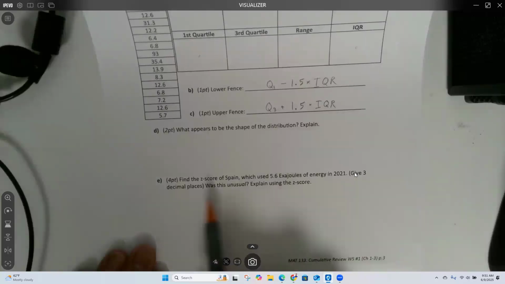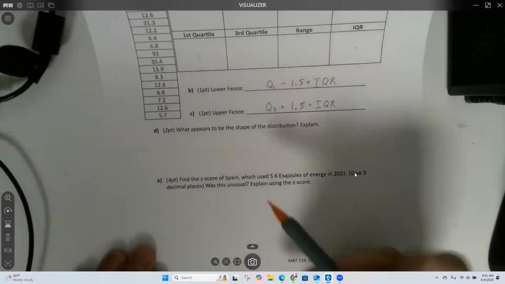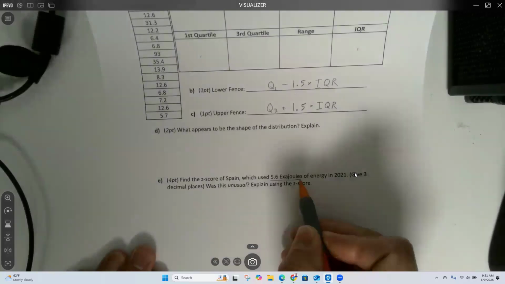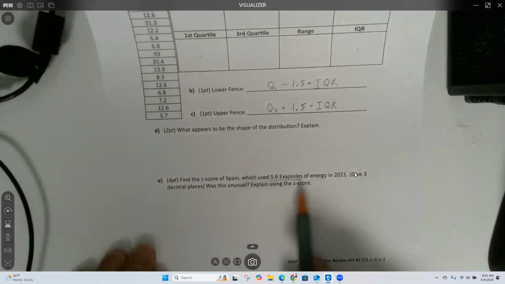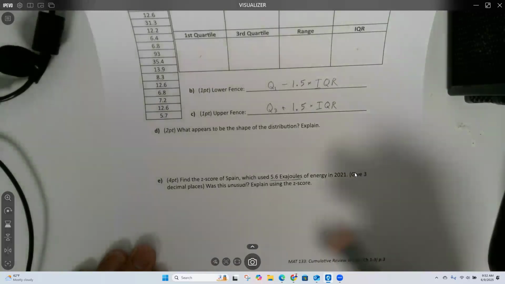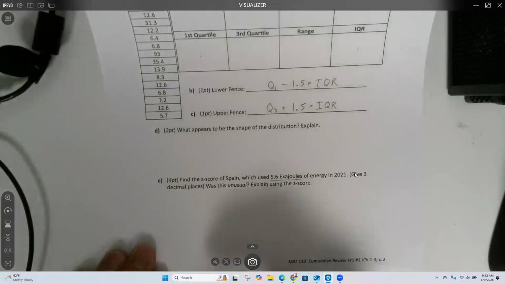Okay. So in other words, we're looking at 5.6 exajoules. That's our X value. That's what we're trying to compare to the mean. And we're trying to figure out how many standard deviations we are. Z-score, I mean, maybe it would have been better if they'd called it like an S-score because it's your standard deviation. It's how many standard deviations away you are.